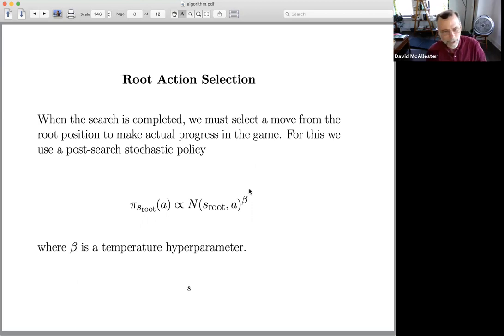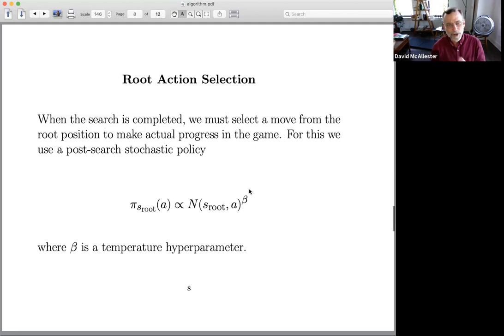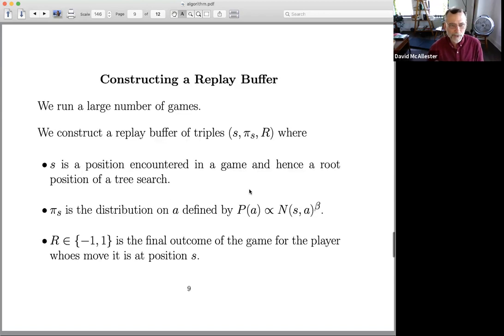Okay, so I haven't talked yet about how we train the policy network and the value network. That's what I want to talk about next. This is where tree search bootstrapping comes into play. We're going to construct a replay buffer.